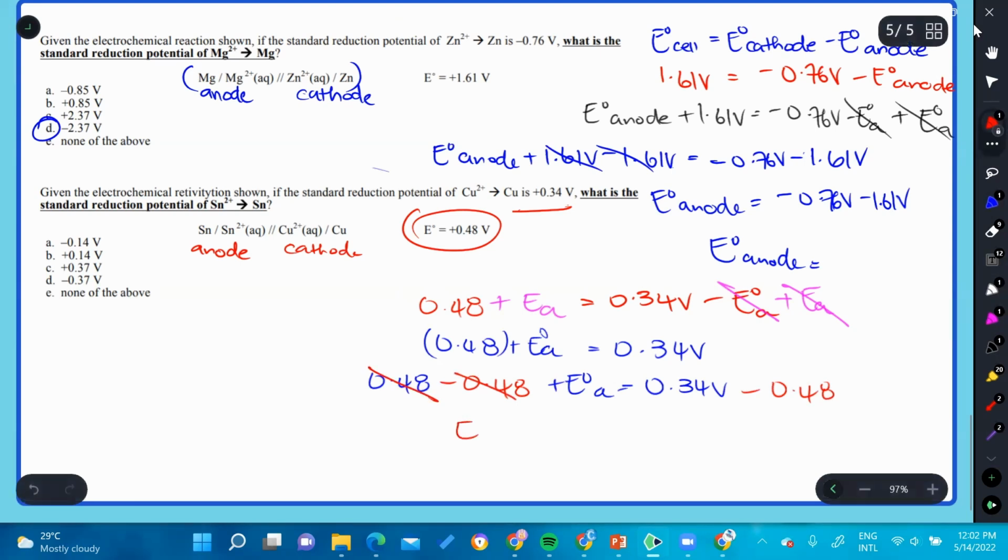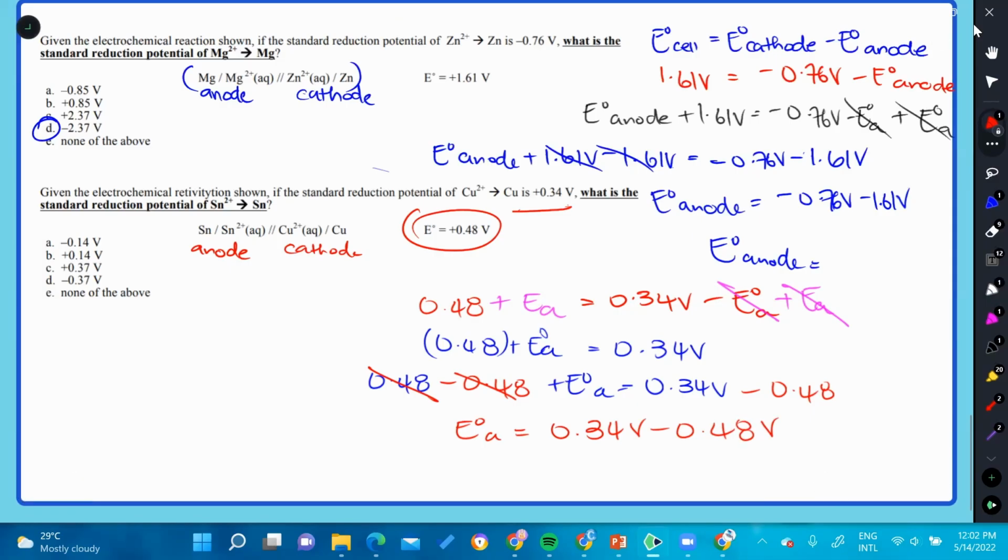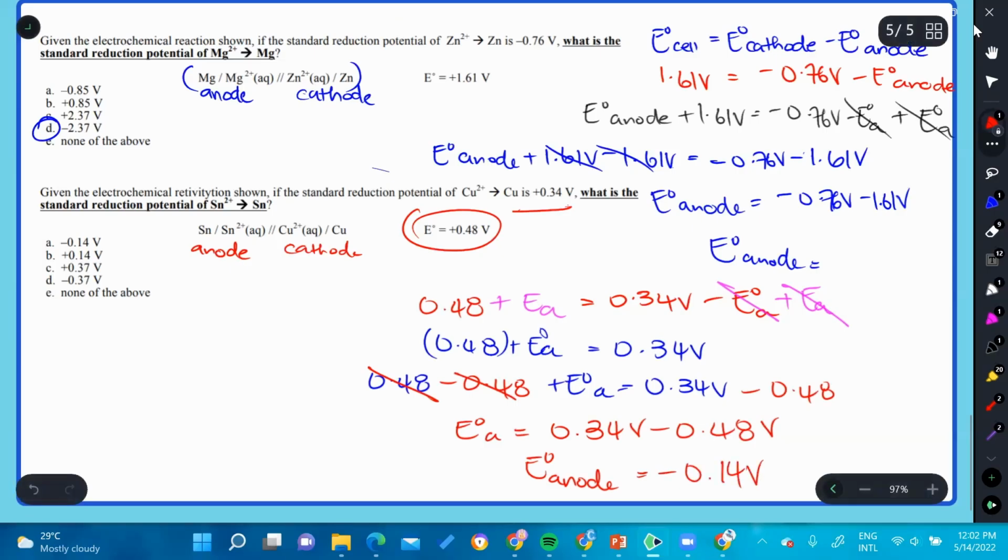And now we're left with the E naught of A being equal to 0.34 volts minus 0.48 volts. You're going to get a negative number because 0.48 is larger. So 0.34 minus 0.48 is equal to negative 0.14 volts, which would indicate that the electrode potential of the anode is equal to negative 0.14 volts. So now the answer is A.